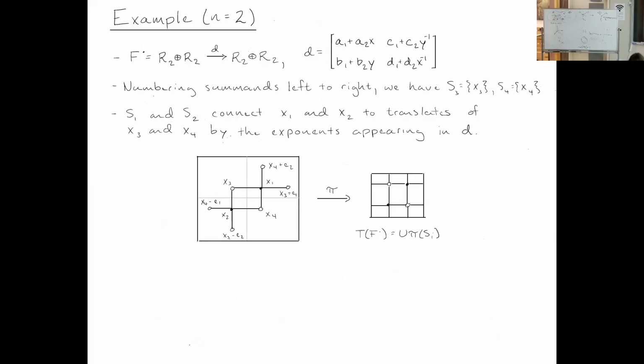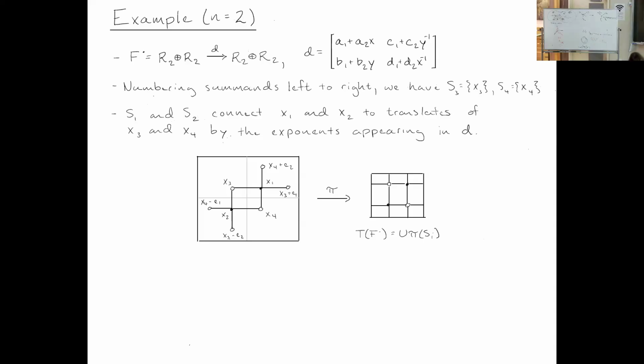Okay. So here's our example revisited, just to illustrate that indeed the prescription I just laid out inverts our original construction. Now we start with this matrix thought of as the differential in a resolution. I'm going to number the summands. So R2 is Laurent polynomials in two variables now. If I number the summands from left to right, our definition said to build up some subsets of the plane.